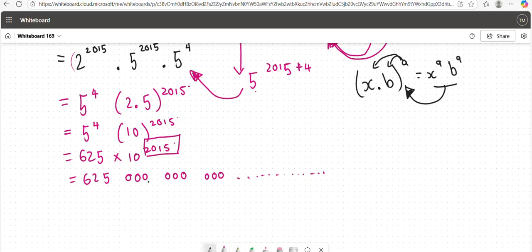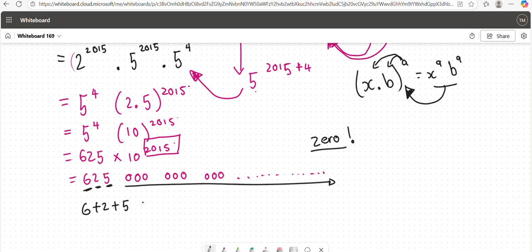I'm noticing that all the other digits are zeros, so the only ones that actually affect the sum are the 6, the 2, and the 5. And 6 plus 2 plus 5 just gives me, what is that? 13.